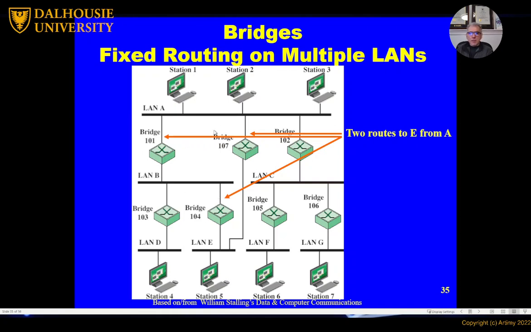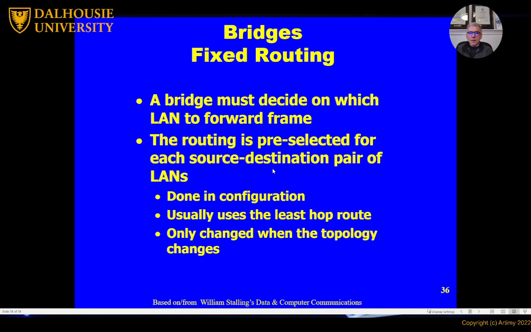In this case, it is possible for a packet coming from station 1 to be replicated to LAN B, and then replicated to LAN E, and then replicated back to LAN A again because of the bridges. So we need to put a spanning tree in place to prevent that from happening.